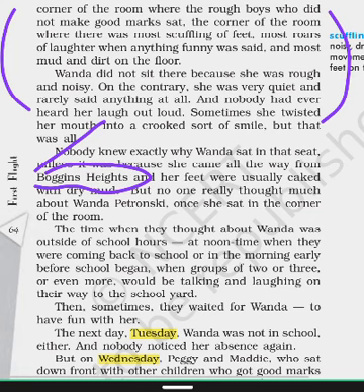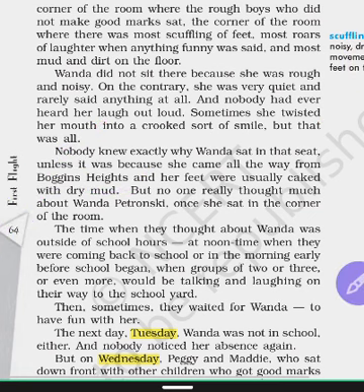But no one knows the exact reason why Wanda Petronsky was sitting there. There is a reason behind that: she used to come from Boggins Heights, which is the name of the place where Wanda Petronsky used to live. Her house is located in Boggins Heights.